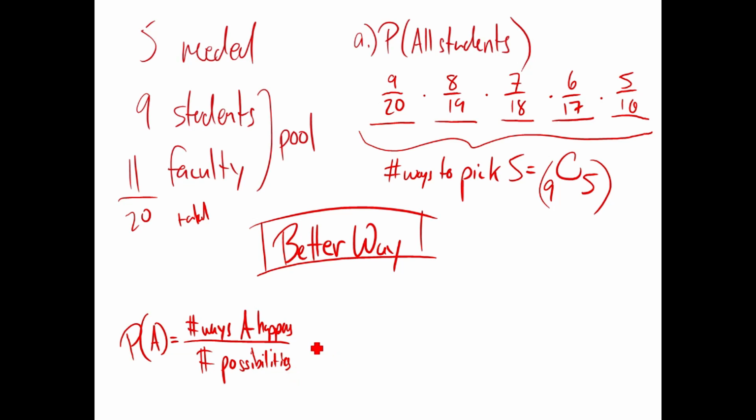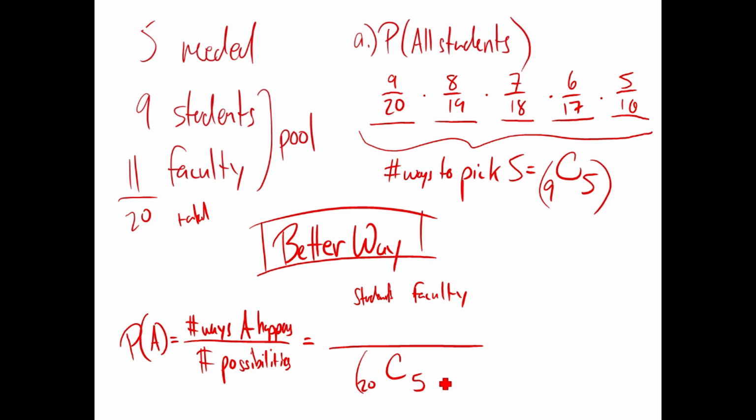Okay? So in this case, we think there's two things going on. There's students and there's faculty, right? So in total, how many ways can we pick 5 jurors? Well, we have 20 people to pick from, and we're going to pick 5 of them, right?